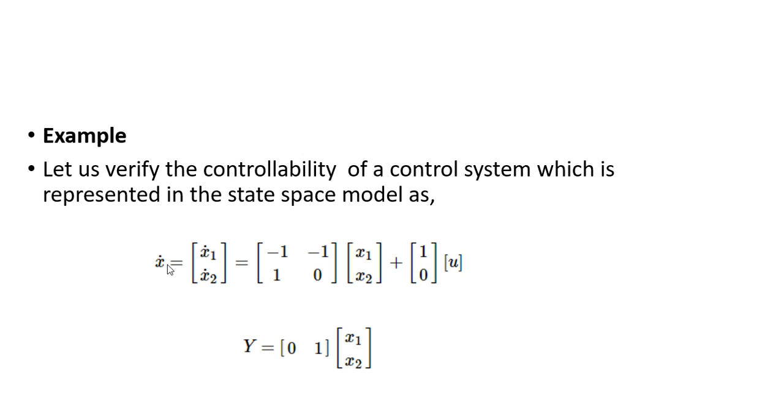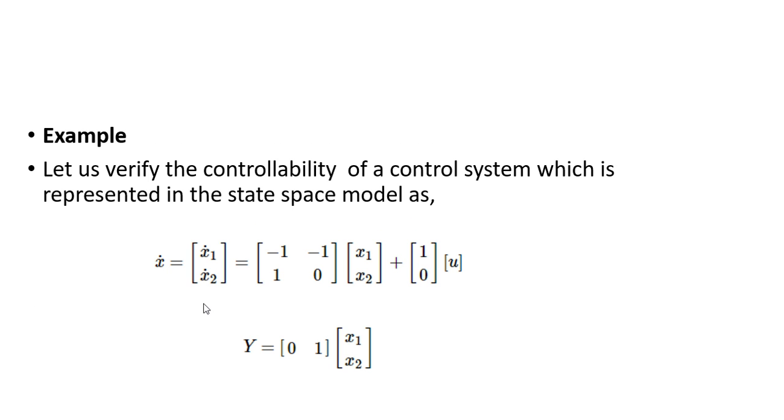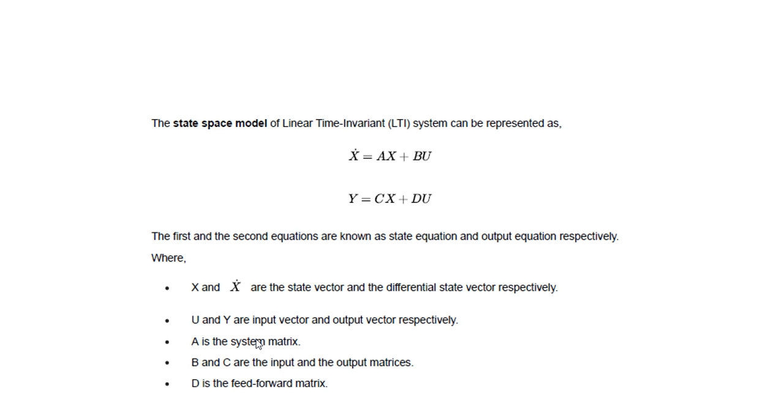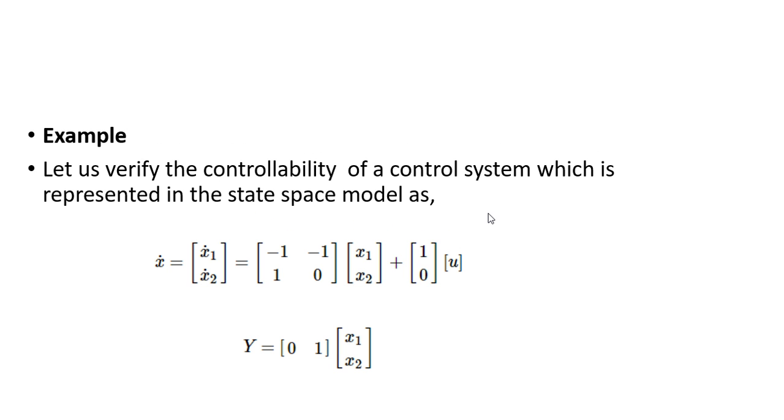Generally you know that x dot is nothing but x dot 1 and x dot 2, which is a matrix. Now we have to compare this x dot and y with the standard equations, and then only will you get the A matrix and B matrix, and similarly the C and D matrix. I think you got the idea, so let us find which is A, which is B, which is C and which is D.